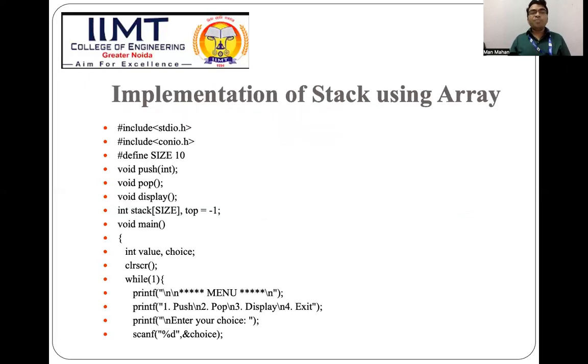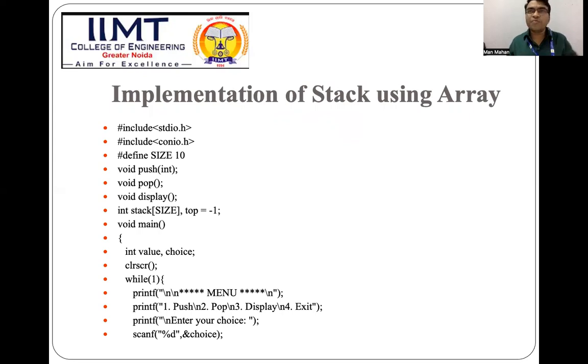Now this is the implementation part. We implement the stack using an array in C coding. First of all, we include the header files like stdio.h, conio.h, and we define the array size. We can take any value; here we take the value 10. We define size equal to 10, or max size.